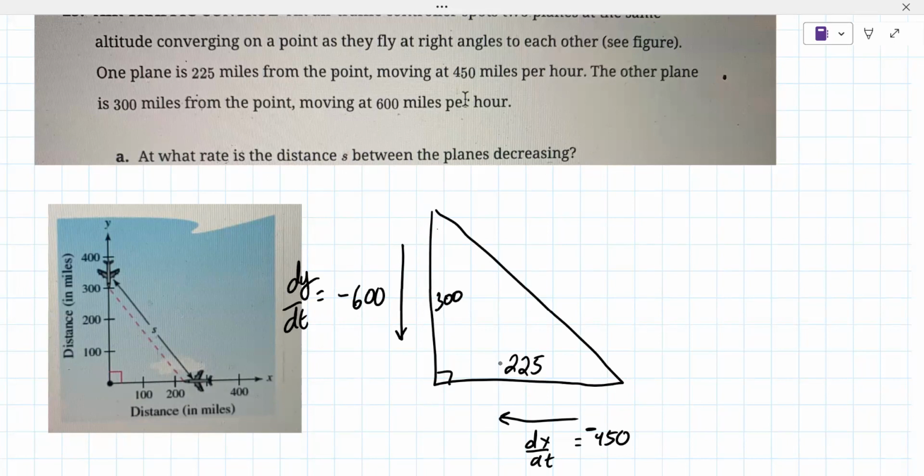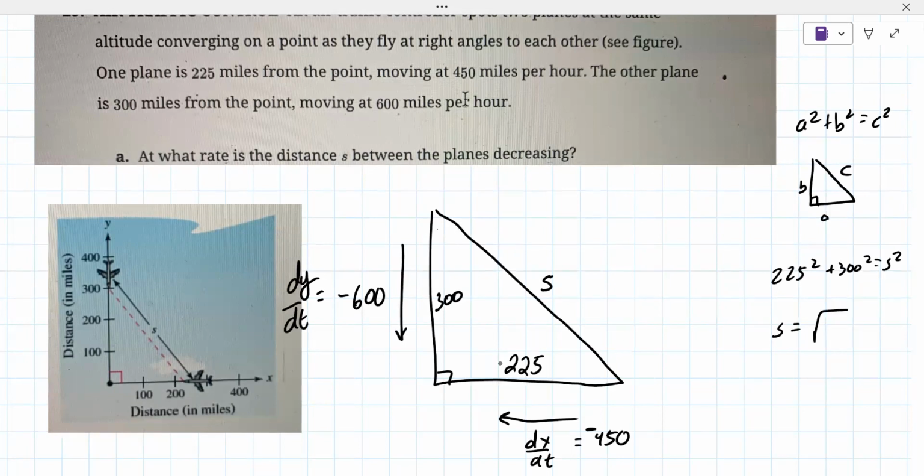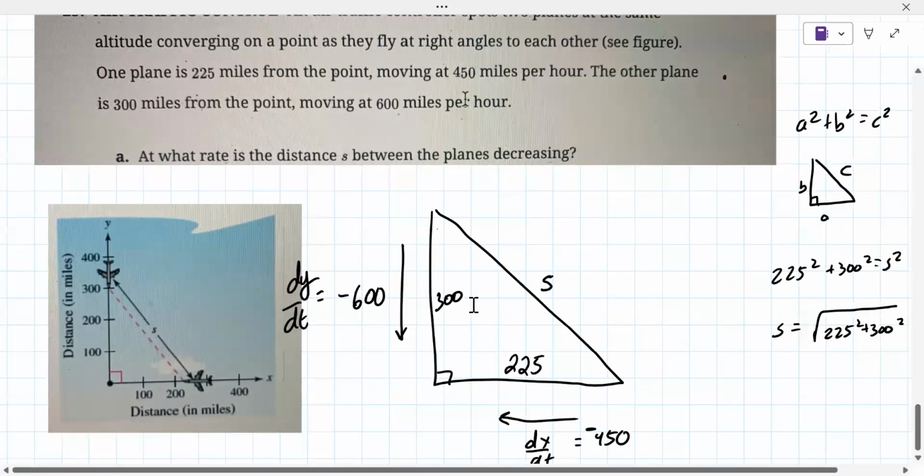Now, the next thing it says, at what rate is the distance s between the planes decreasing? So here's s. s is the distance between the planes. We can find that from the Pythagorean theorem. This might be another thing to write down if you don't remember it. To find s, 225 squared plus 300 squared equals s squared. So s is the square root of 225 squared plus 300 squared. That feels like this could work out nicely.